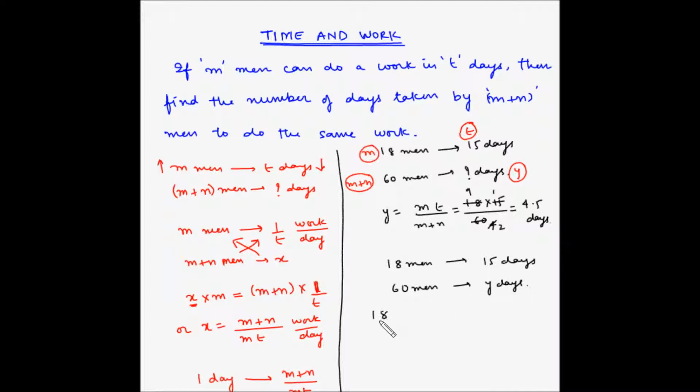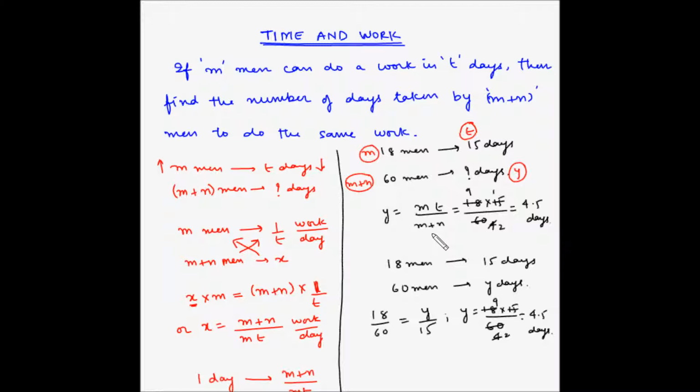So 18 divided by 60 will be equal to y divided by 15. This is because there is an indirect proportionality between men and days. So y is equal to 18 multiplied by 15 divided by 60. 15 fours are 60, 9 and 2, which is equal to 4.5 days.